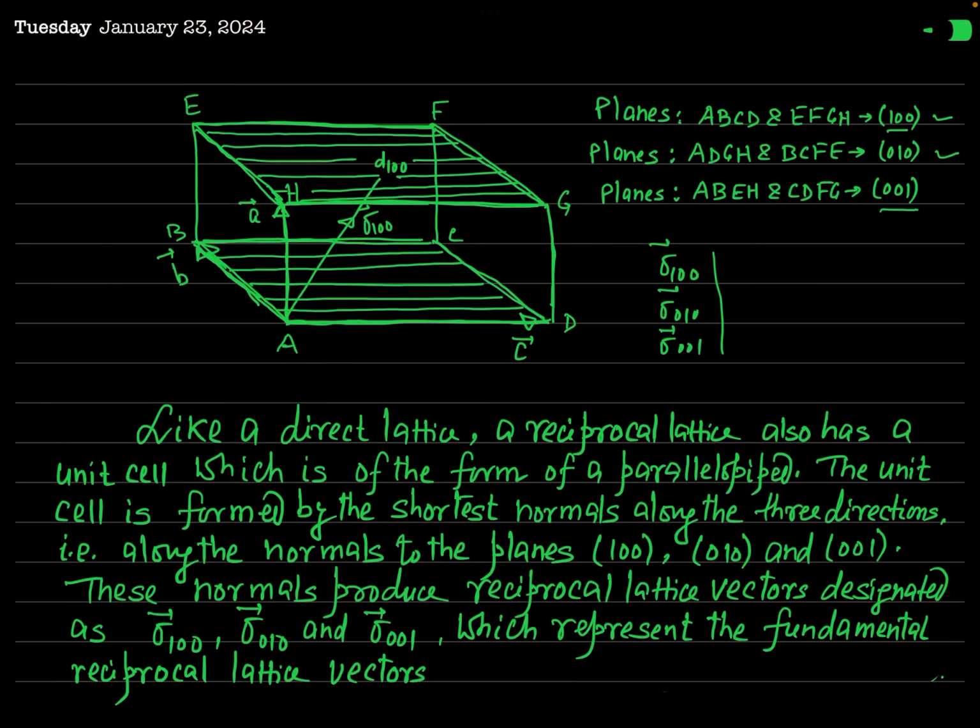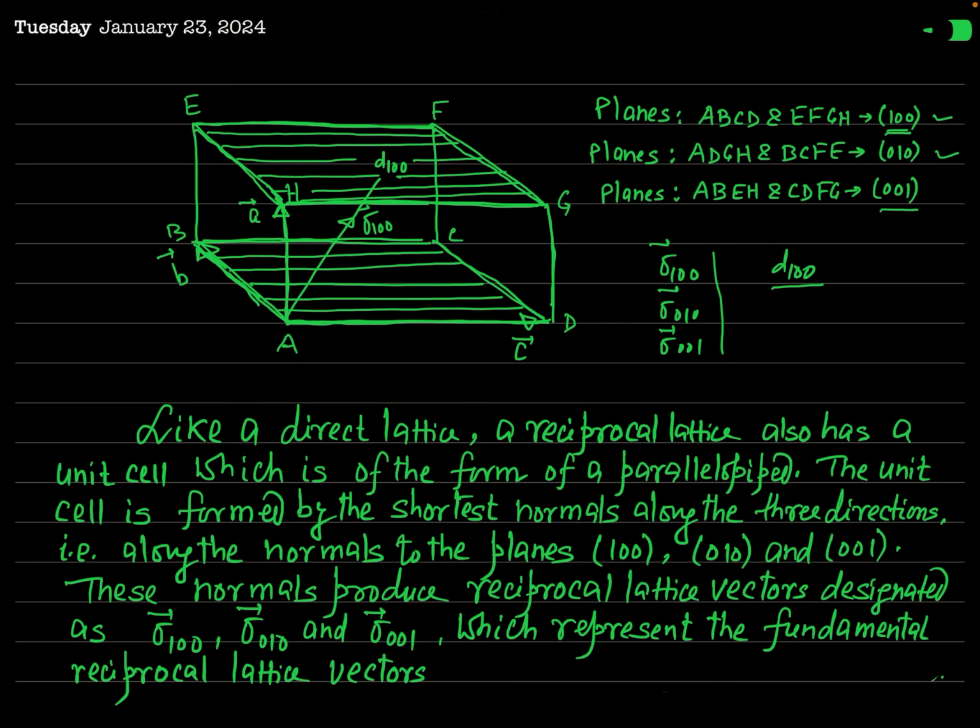Actually, if the interplanar separation of the plane marked by 1, 0, 0 is D1, 0, 0, then in terms of this D1, 0, 0, we can define the volume of this unit cell of the direct lattice.